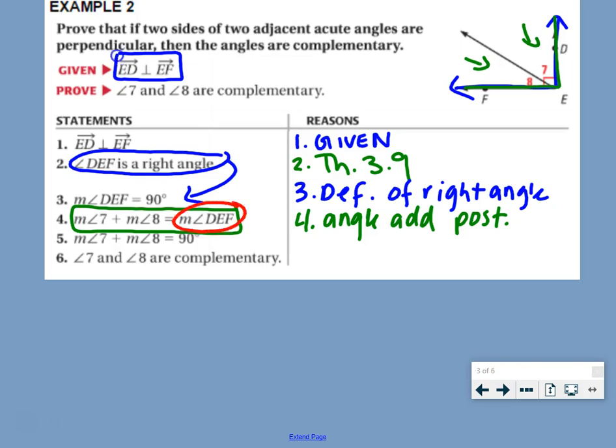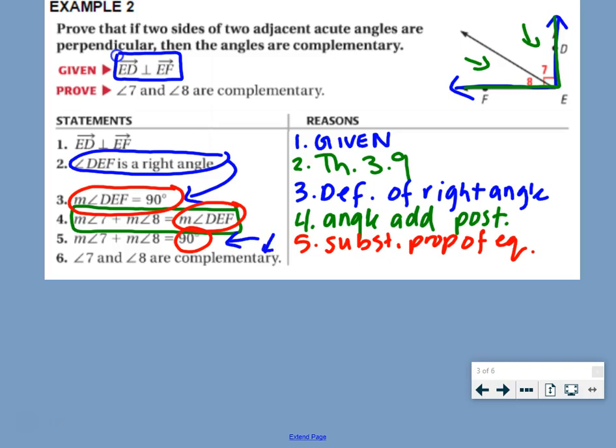We're replacing the measure of angle DEF with 90 degrees because we know that's what it's equal to. So that is our substitution property of equality. And then the last piece, angle 7 and angle 8 are complementary. Well, if they sum to 90 degrees, that means they are complementary. So that is your definition of complementary angles.